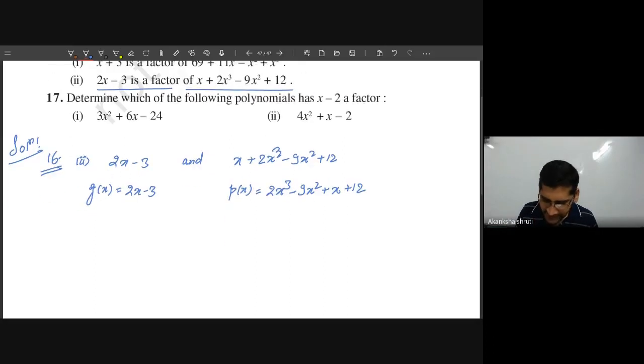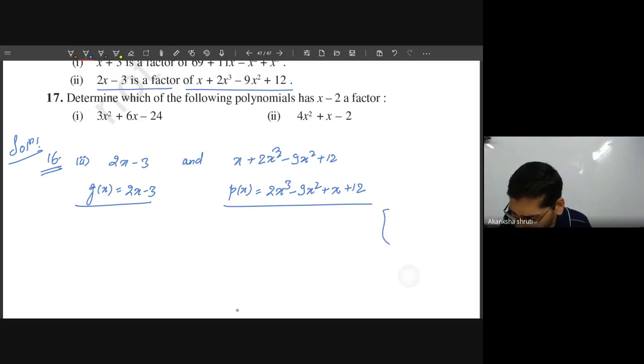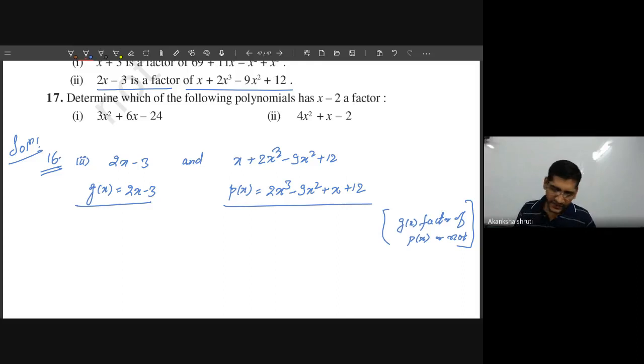Now for checking this as a factor, we want to check whether G(x) is a factor of P(x) or not. This thing I want to know. For that, what is the step that we have learned?